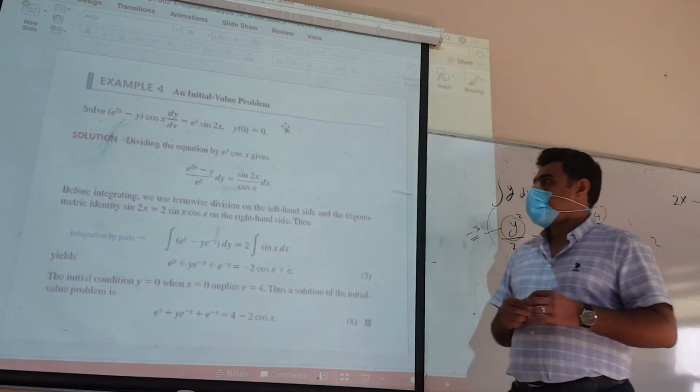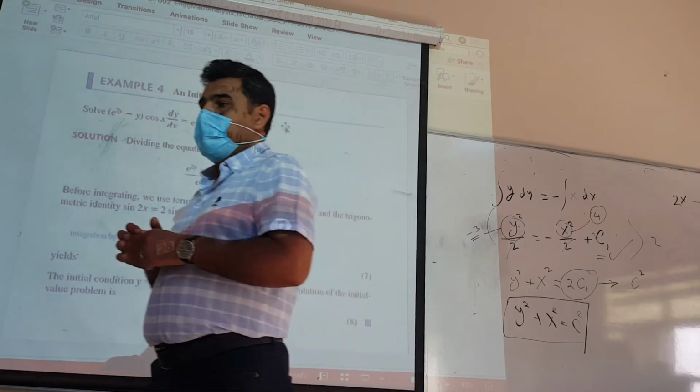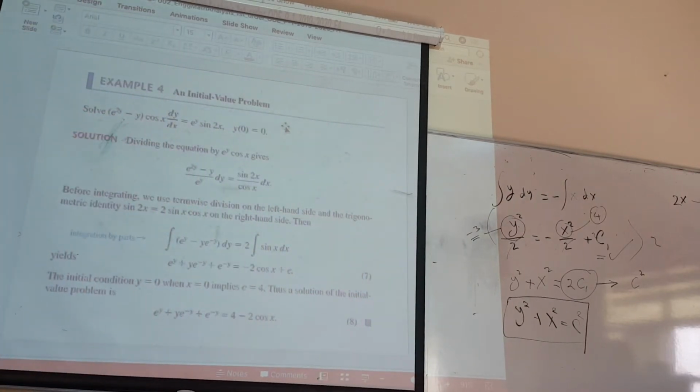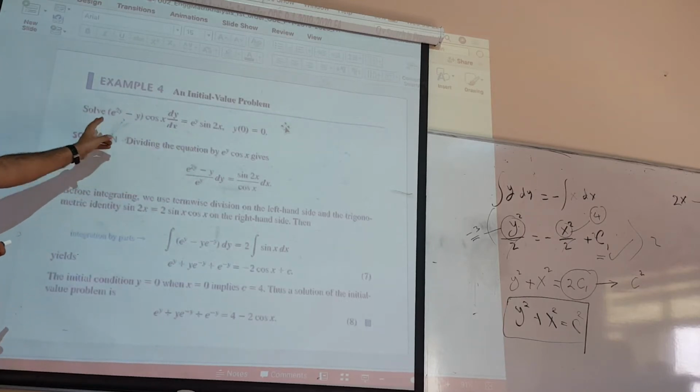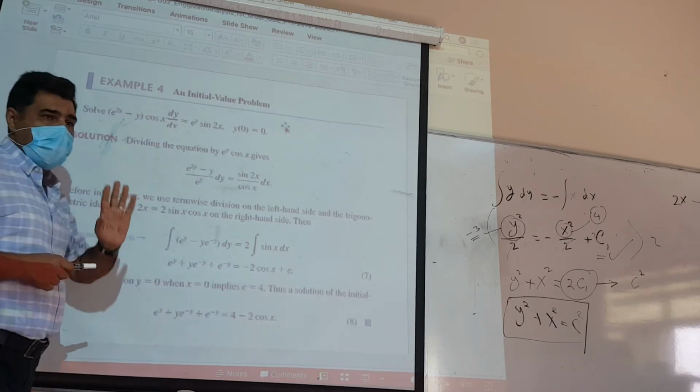Now, another example, an initial value problem. So, you have this equation which says solve. You see, you have sine, cosine.